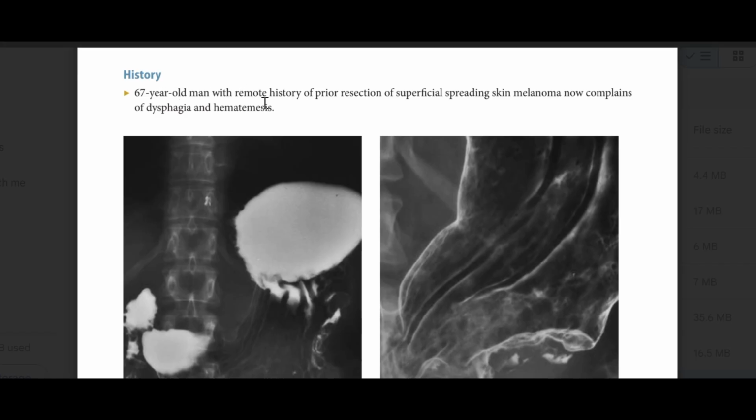This is another case of metastatic disease from malignant melanoma. A 67-year-old man with a previous history of resection of superficially spreading skin melanoma now complains of dysphagia and hematemesis.